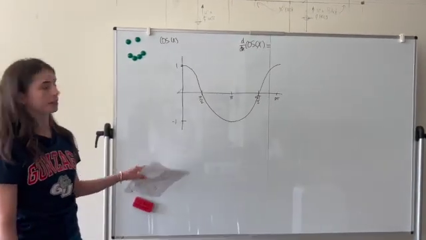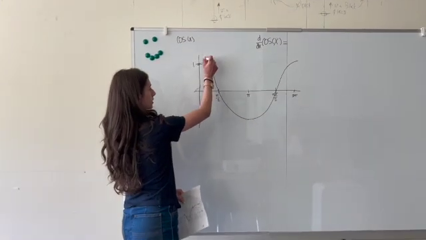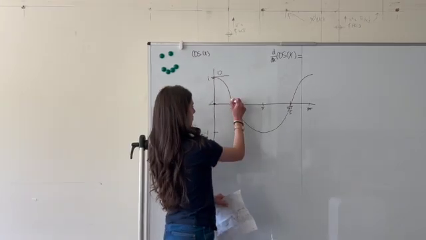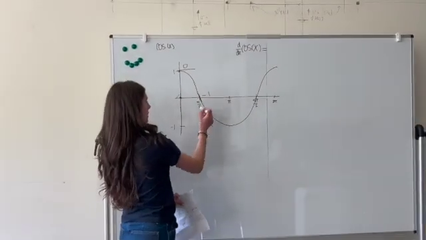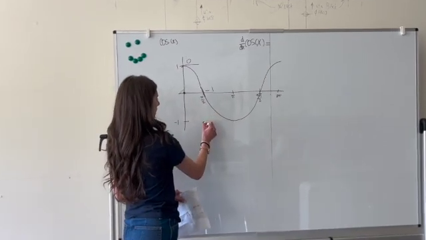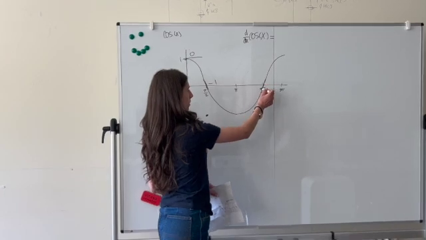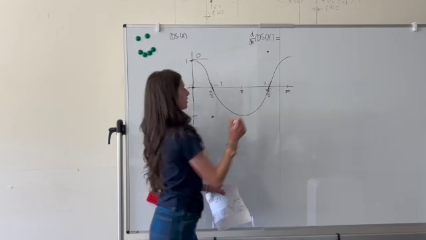Here we have a cosine graph, and we can identify here the slope of a tangent line would be 0, so I'm going to add a dot here. Here we see the slope of the tangent line is -1, so I'm going to add a dot right here at -1. Here the slope of a tangent line is 1, so I'm going to add a dot at +1.